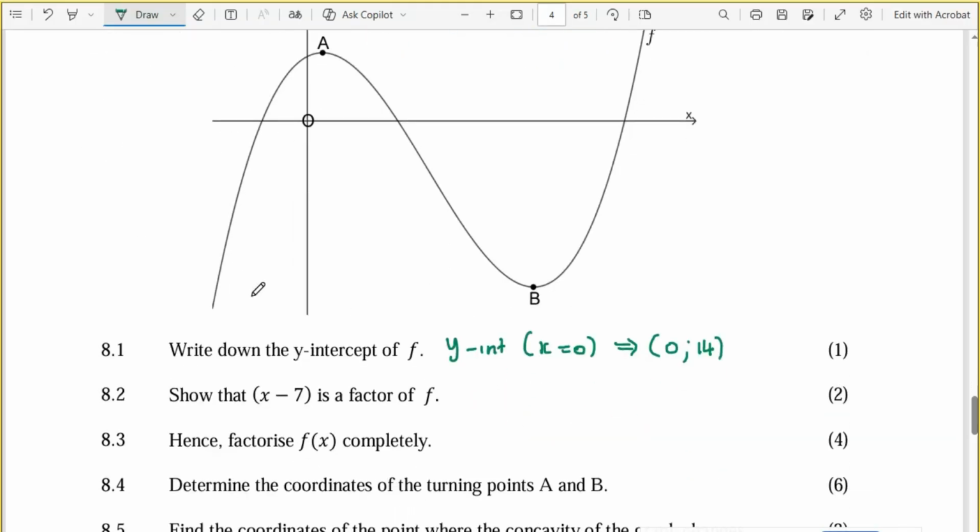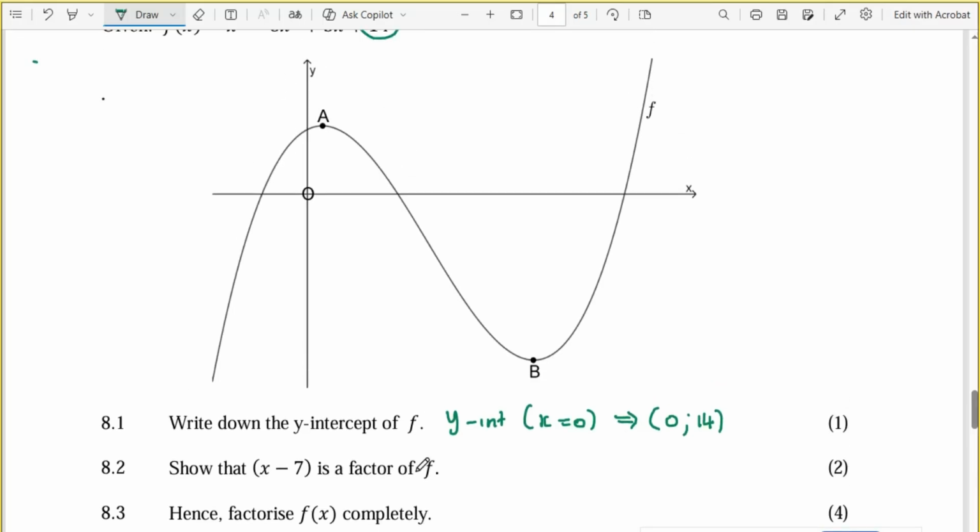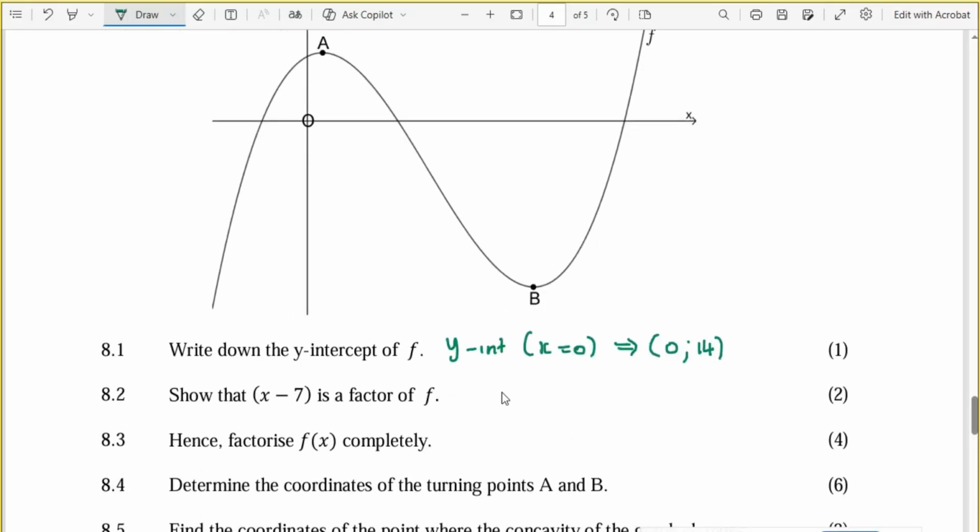And then the next one, they say show that x minus 7 is a factor of f. Remember that if something is a factor, when I say x minus 7, I equate that to 0.